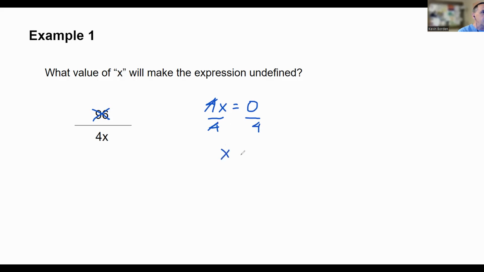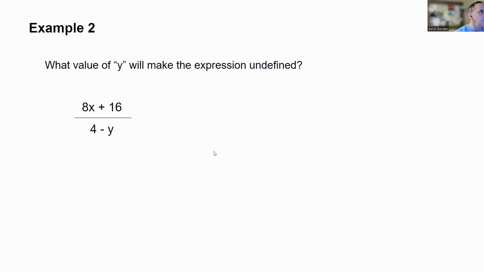And that leaves us with x is equal to 0 divided by 4. 0 divided by 4 is still 0, and the answer is 0. So whenever you have a number multiplied by a variable, and that's the only thing in the denominator of a fraction, then the answer will be x equals 0. So it's kind of a common example.